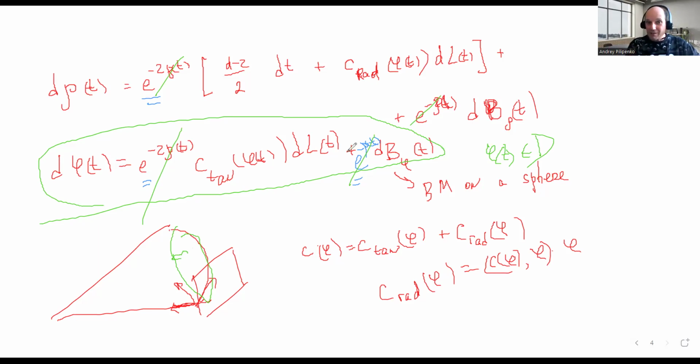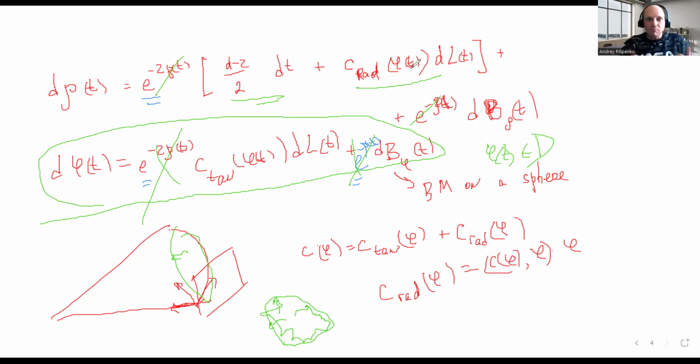So if we delete these two terms, we see just a diffusion on a part of a sphere, on some domain, on a manifold, with reflection at the boundary. So actually, L will depend only on phi. And we see just two terms, dt times some constant, and now some additive functional of phi.